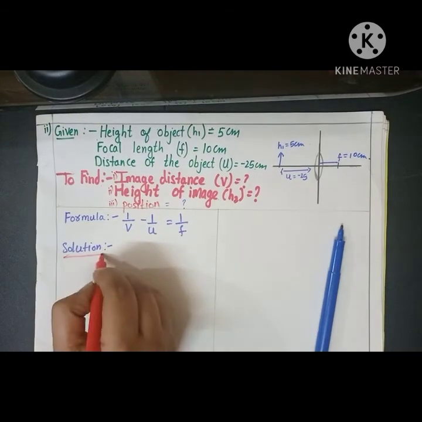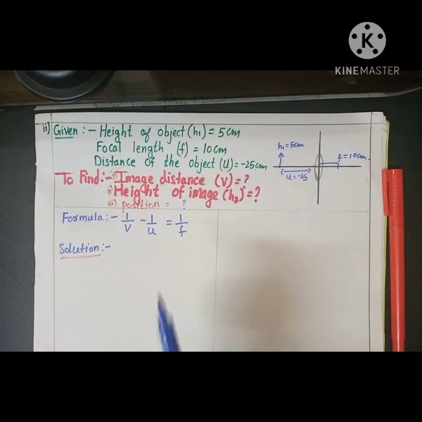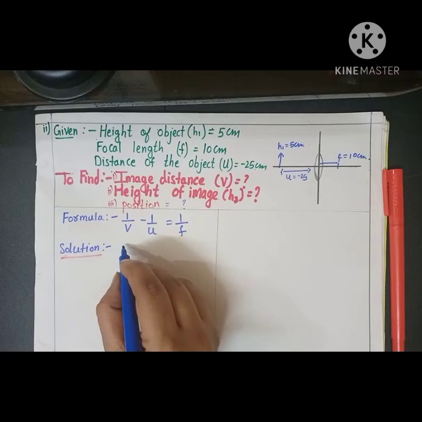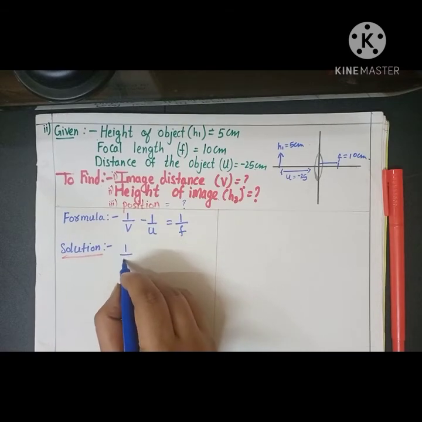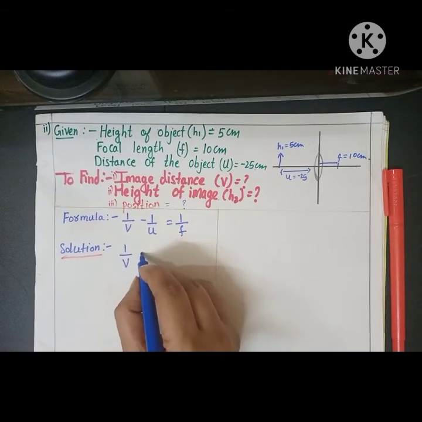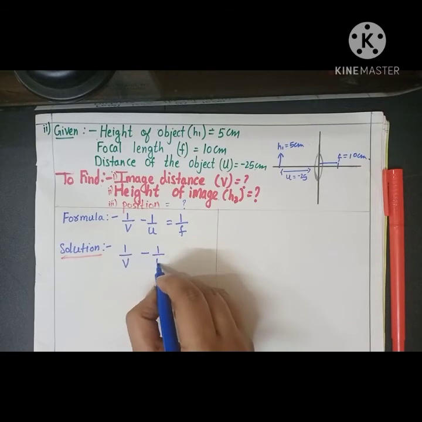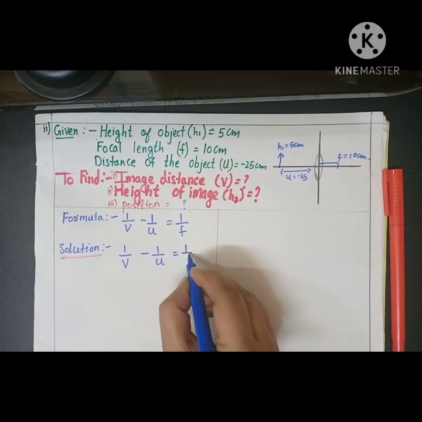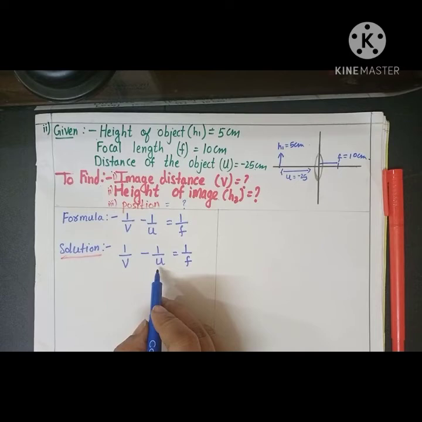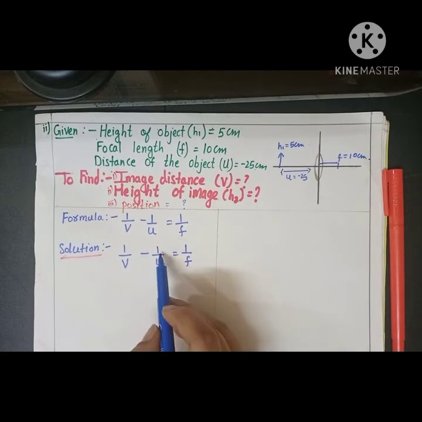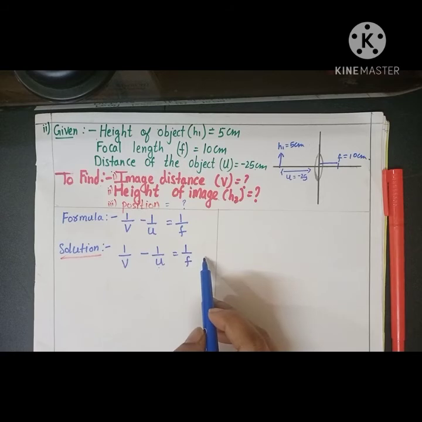So substituting in this formula for focal length, we get 1 upon v minus 1 upon u is equal to 1 upon f. Rearrange this formula. 1 upon u is subtracting here, it will go to the right side and it will add.